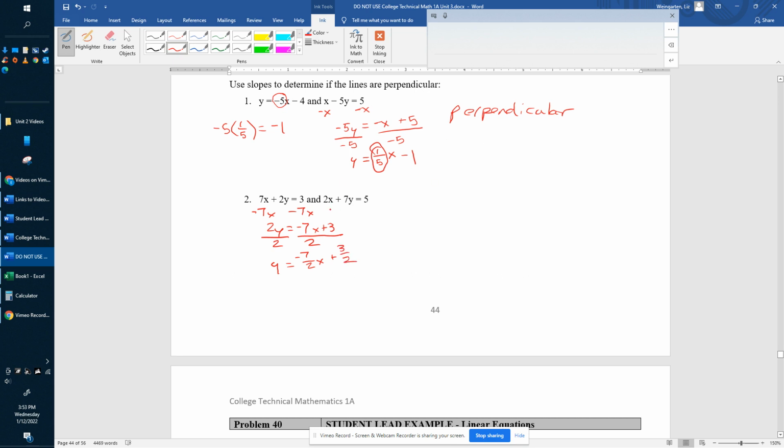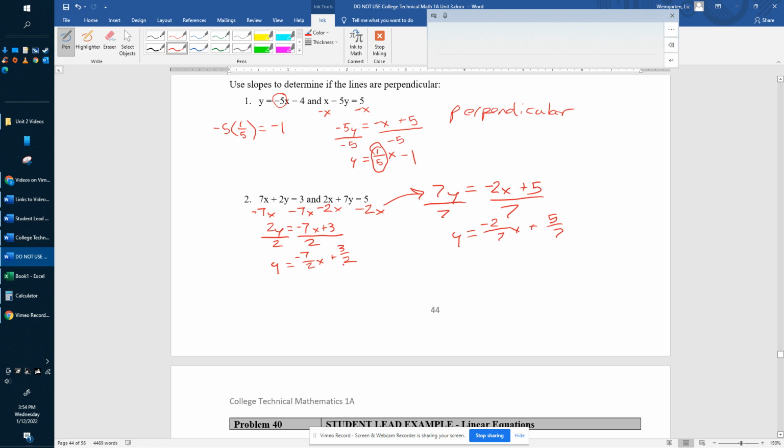Now let's do the other one. We'll subtract 2x from both sides. I'm going to move us over here. We get 7y equals -2x plus 5. Divide both sides by 7. Y equals -2/7 x plus 5/7.